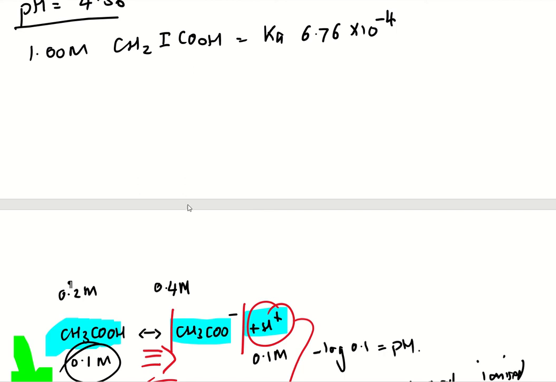I'll write the Ka for this one actually, because it might be causing a few people a bit of difficulties.